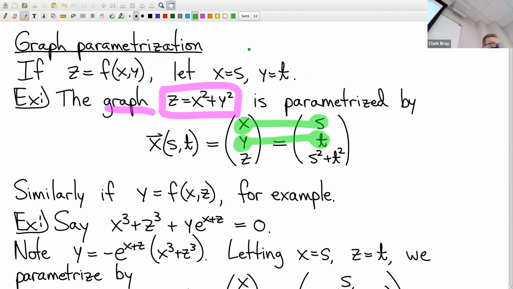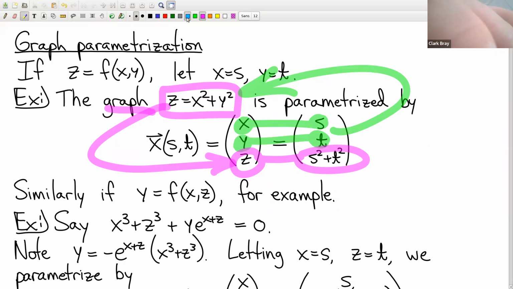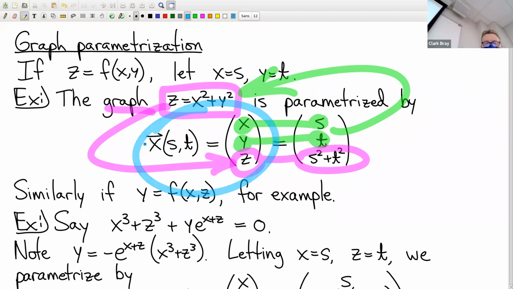I don't really have any choice on what I'm going to call Z, because I already know that X and Y are S and T, and that means that Z has to be S squared plus T squared. And lo and behold, as required, we have position XYZ as a function of two parameters, S and T. It just works.